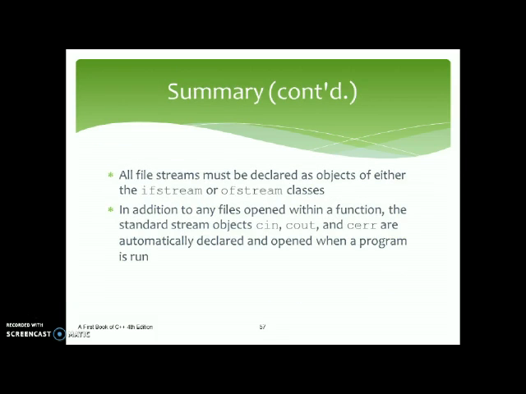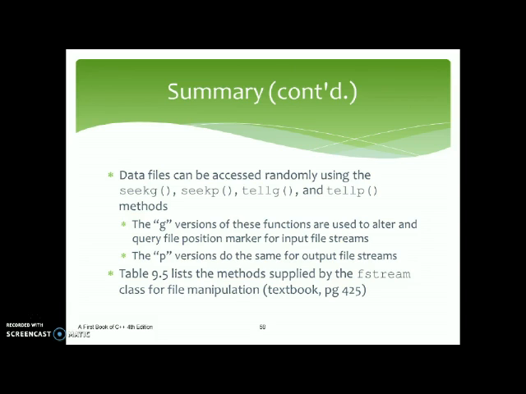Next, all file streams must be declared as objects of either the ifstream or ofstream classes. In addition to any files opened within a function, we have standard stream objects like cin, cout, and cerr. These are automatically declared and automatically opened when a program is executed. Data files can be accessed randomly using the seek_g, seek_p, tell_g, and tell_p methods.